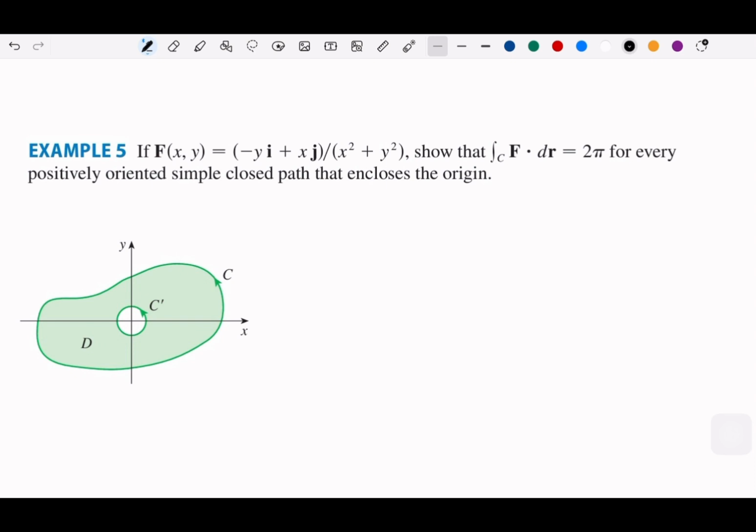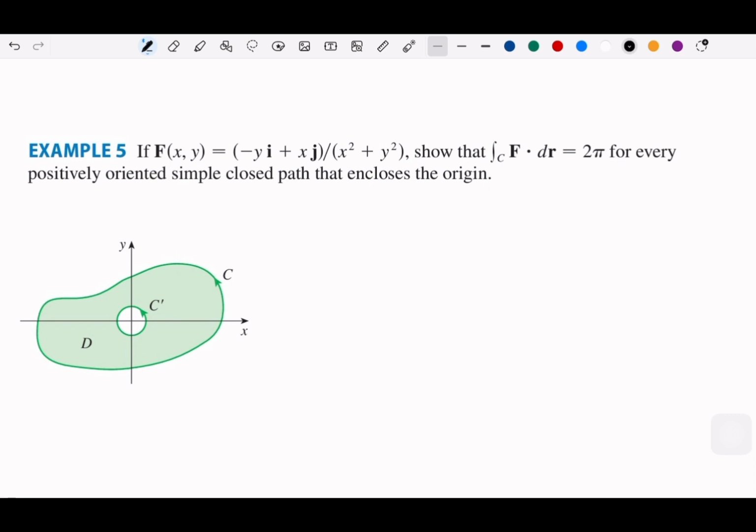Okay, so if we consider C can be any closed path, we can consider the counterclockwise circle C prime inside the region.